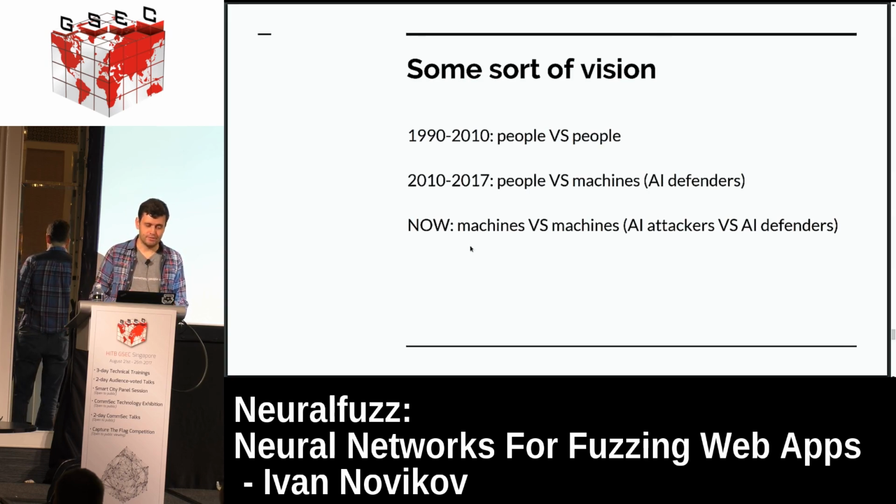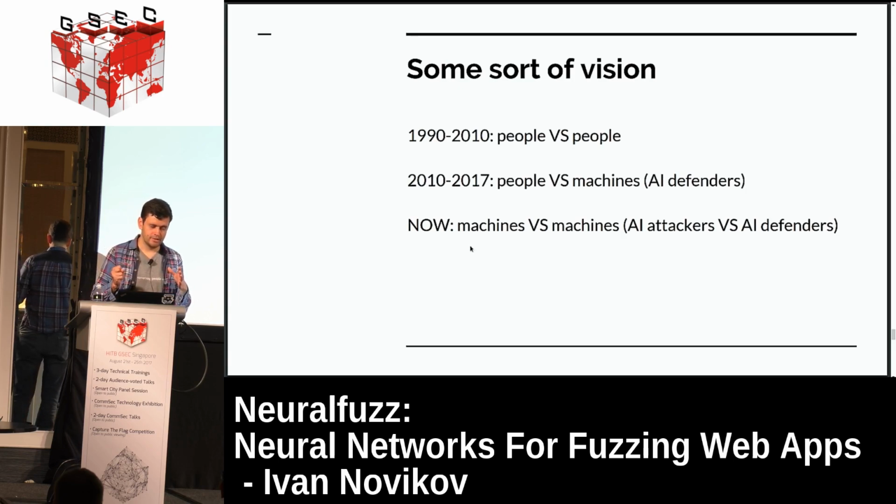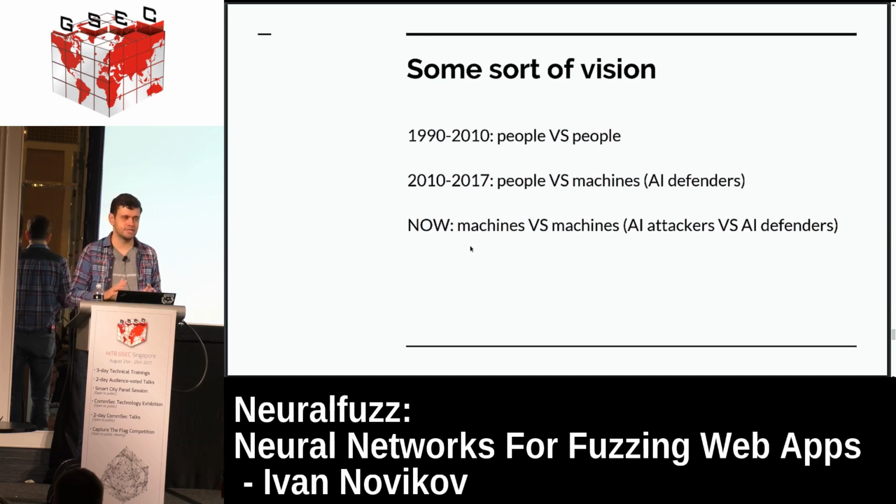Other companies are based on AI. Some of them claim that they have an AI, some of them have some sort of an AI, but it is definitely possible to claim that we already have AI defenders, some sort of AI defenders. Yes, sometimes it's just marketing bullshit, but sometimes it's something reasonable.